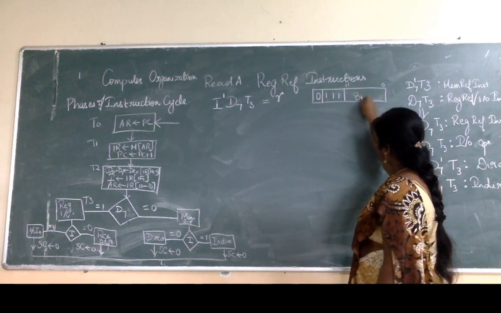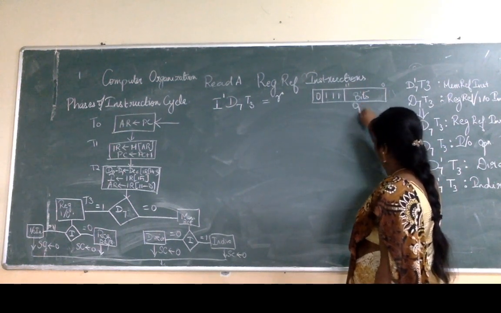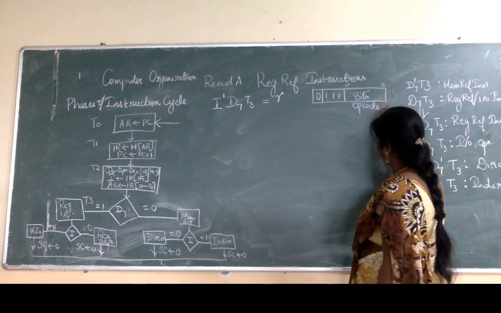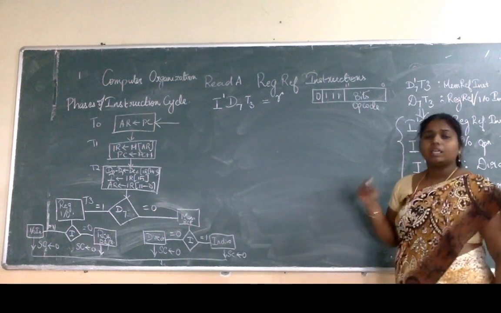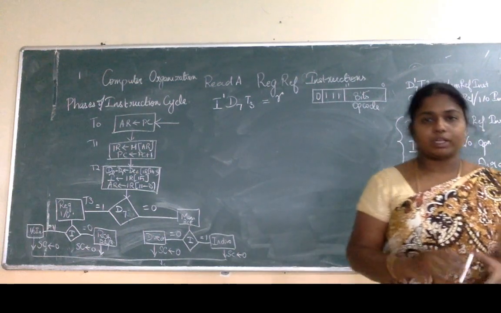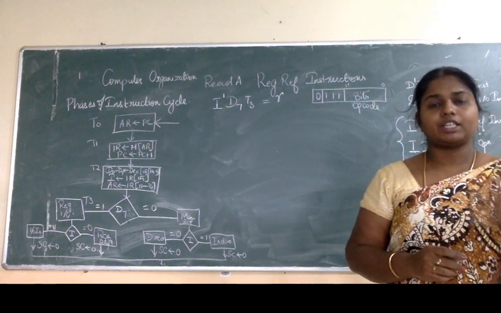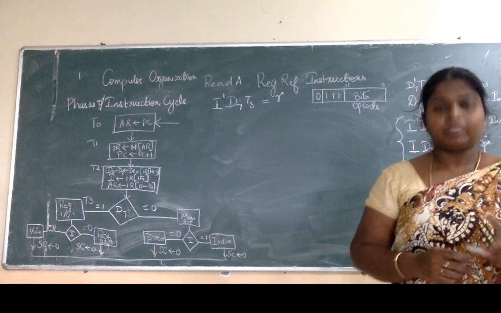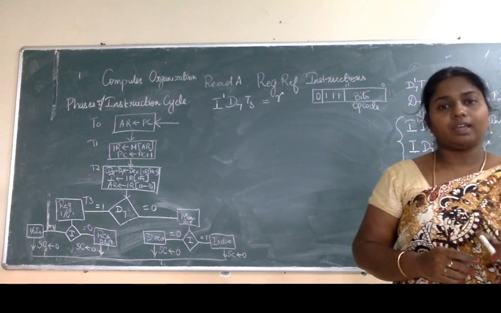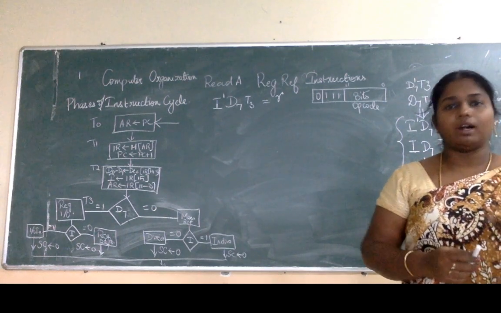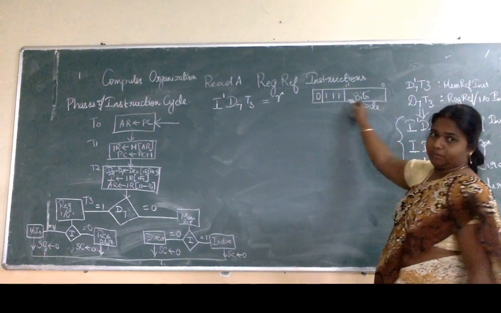These bits indicate the opcode or the operation to be performed. In the basic computer that we are trying to design, we have 11 different register reference instructions, which are indicated by placing a 1 in each of these 11 bits.